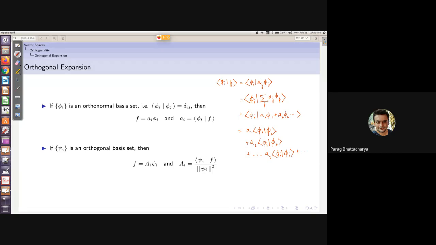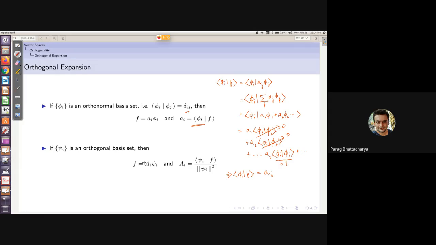These will turn out to be 0 because it's an orthonormal set. Only this one is going to be equal to 1 because of the Kronecker delta function. So what is finally left behind is the scalar product of phi i with f, which gives a_i into 1. So this is how you get these coefficients.